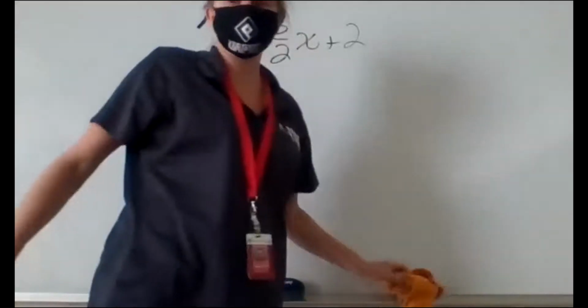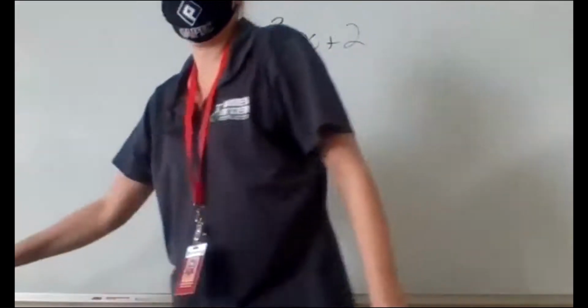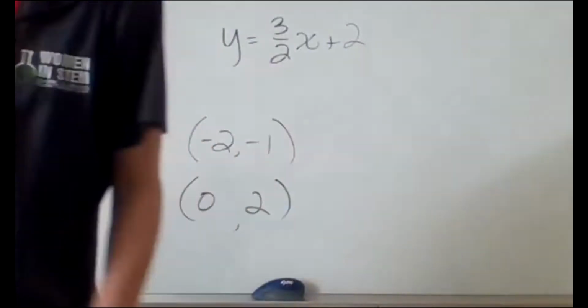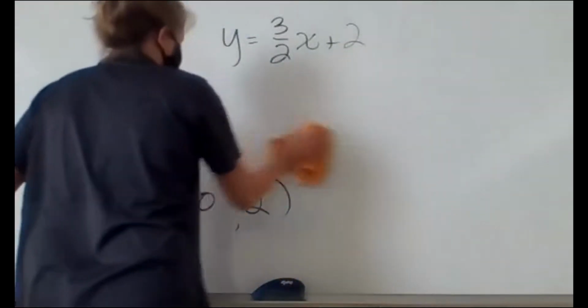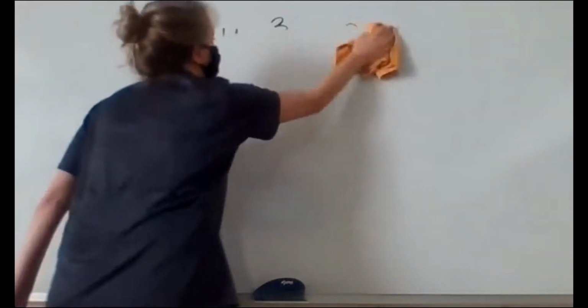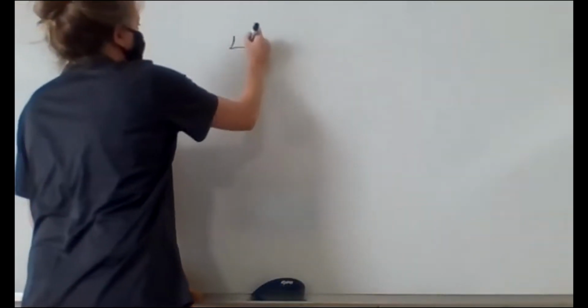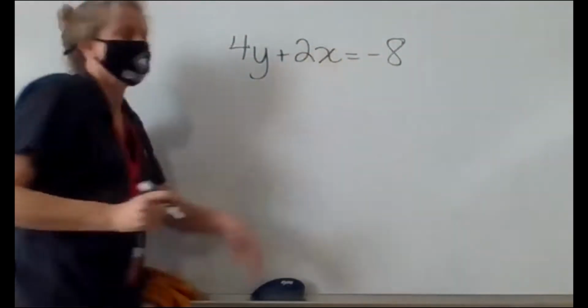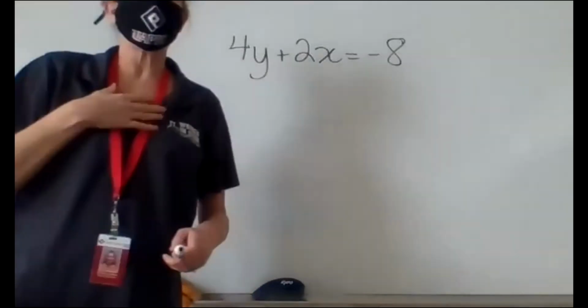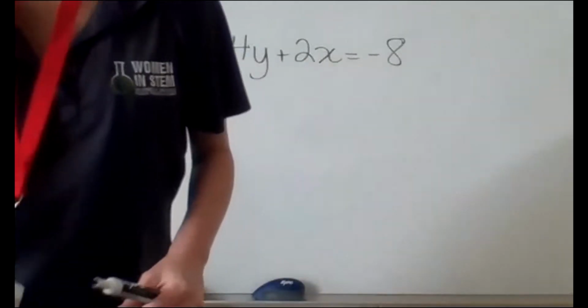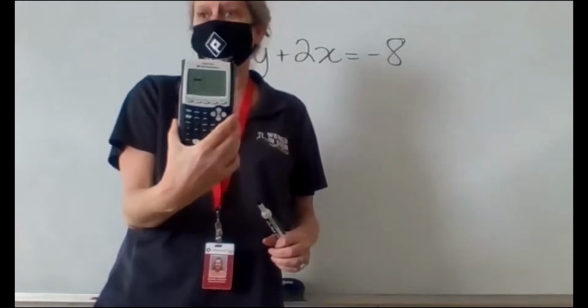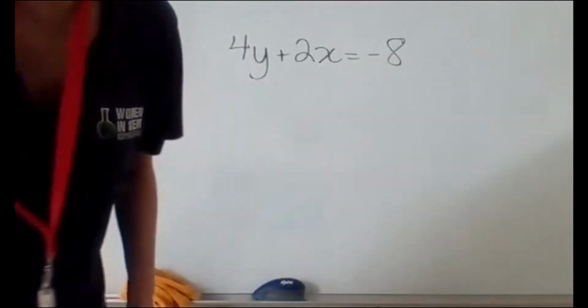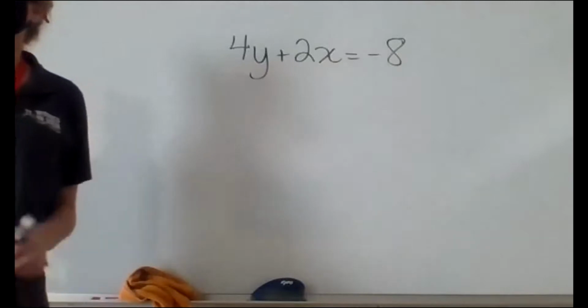Number 2 on the homework sheet says graph the equation by plotting points again. This time I have 4y plus 2x equals negative 8. On this one, I can't do the magic I want to do in my calculator until this says y equals, right?